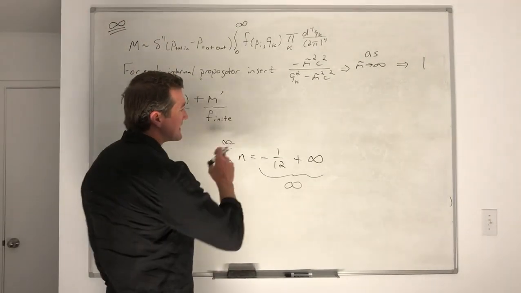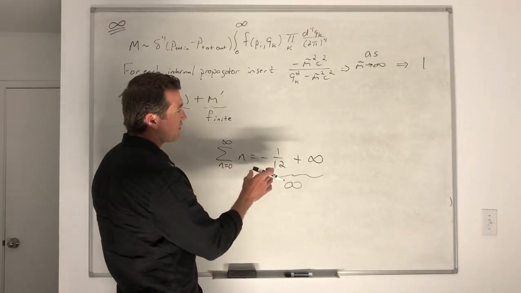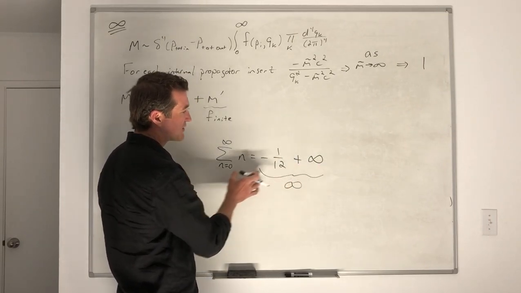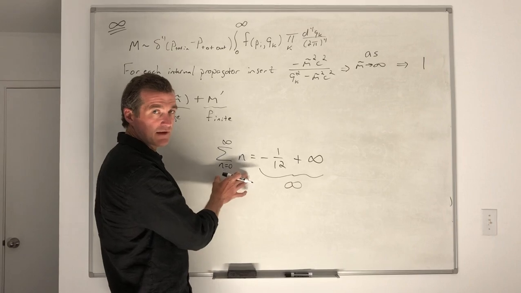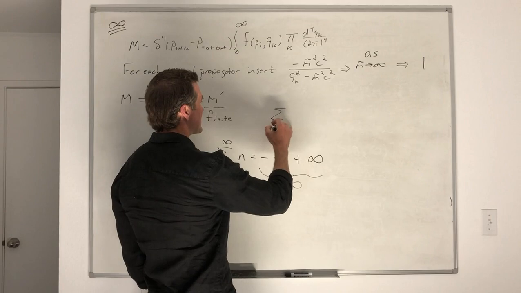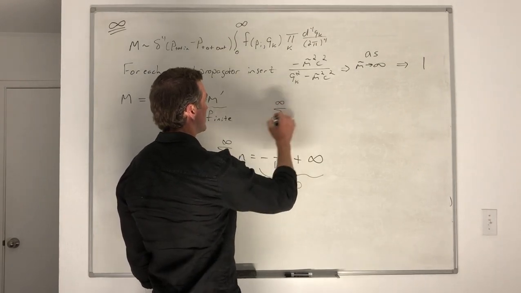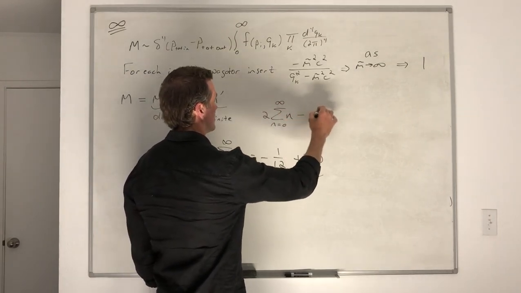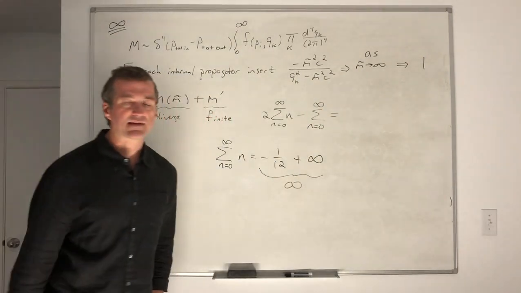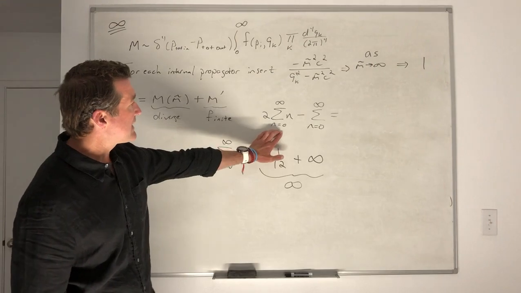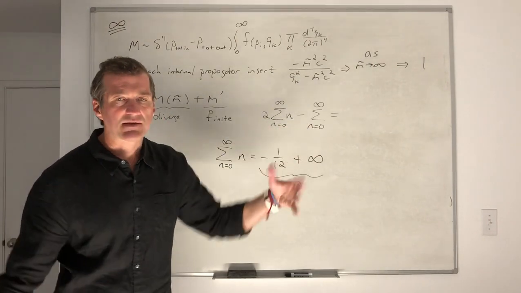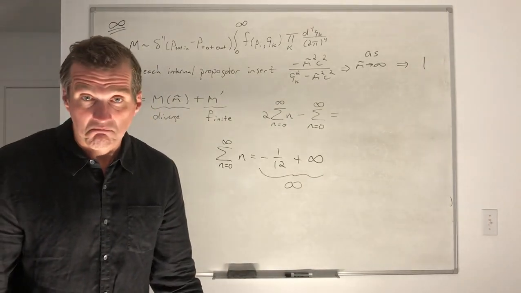But what this does is it lets us formally separate a divergent piece from a finite contribution, which is characteristic of this particular thing. So this allows us to, for example, calculate something like that, where naively looking at this, you'd say this is infinite, infinity minus infinity is 0, right?